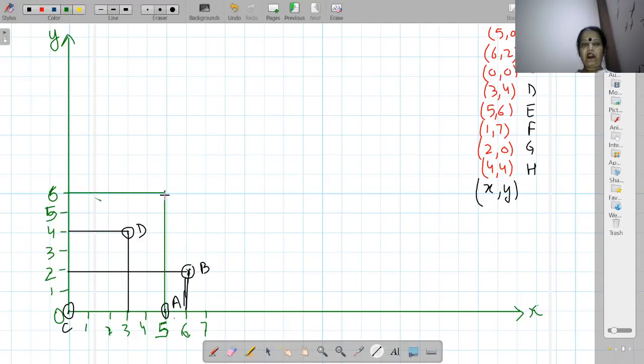So both of them meet over here. So the coordinate we will write as E, that is 5 and 6.